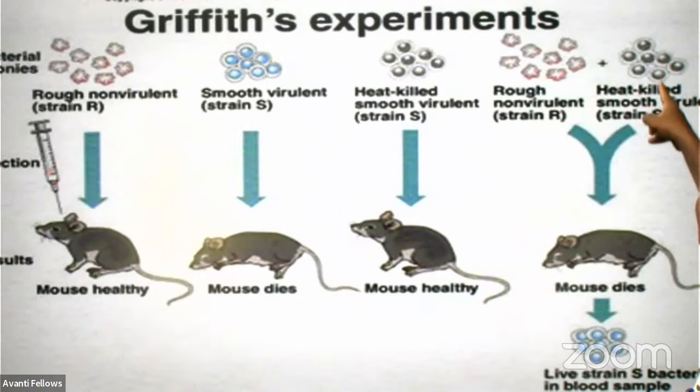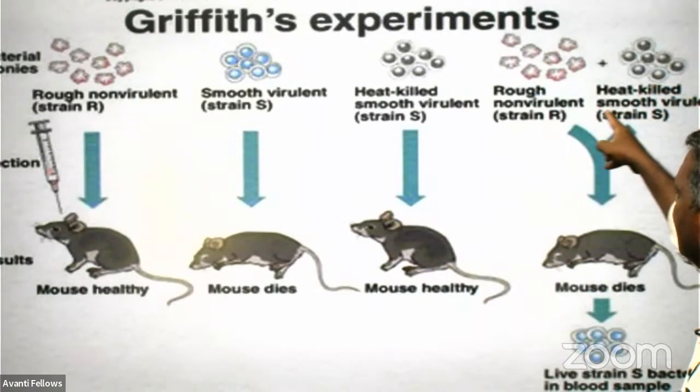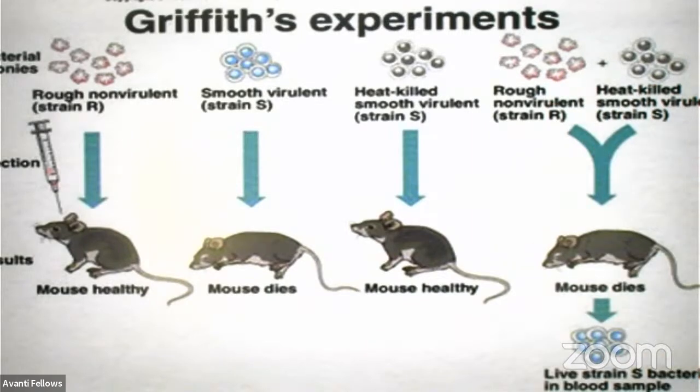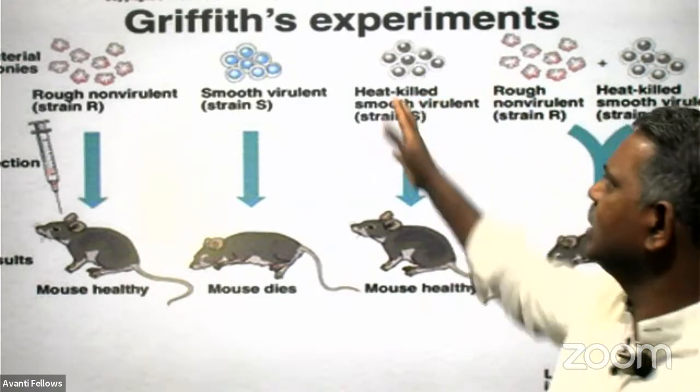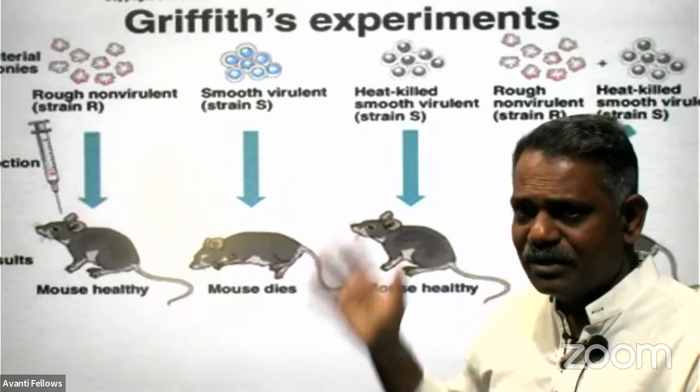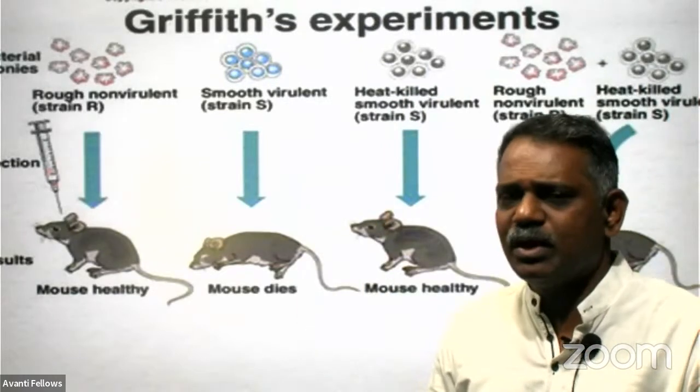So from this heat killed smooth strain bacteria, some material was taken by the rough strain, and this material made this rough bacteria into the active one. So this is the experiment conducted by the group.